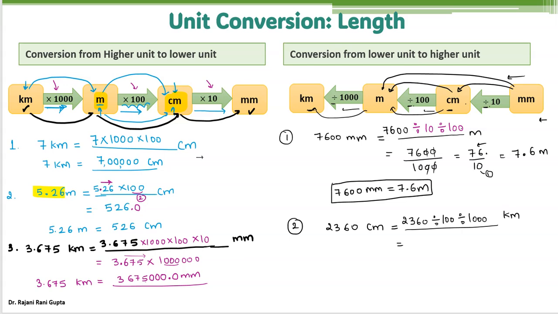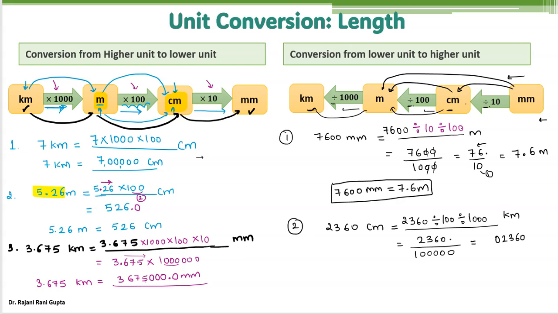So it gives you 2360 divided by 1, how many zeros are there? 5. 1, 2, 3, 4, 5. Now, as I said, you have to move the decimal point. It's here, and you see only 4 numbers over here. So what you can do, you can write 2, 3, 6, 0. These are 4. And the fifth one, you can replace by 0.